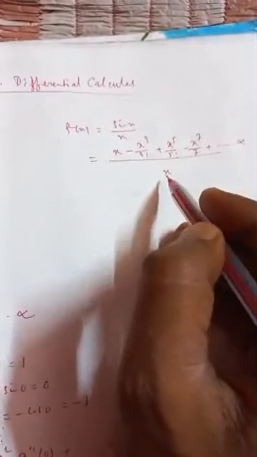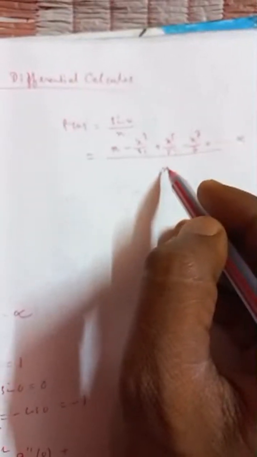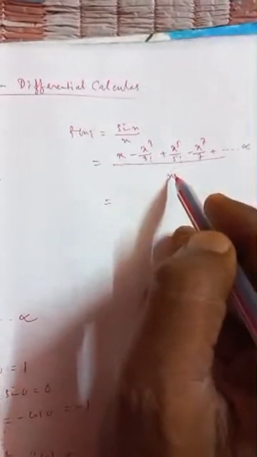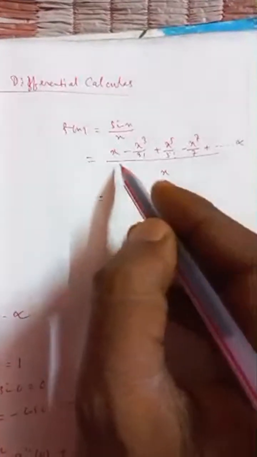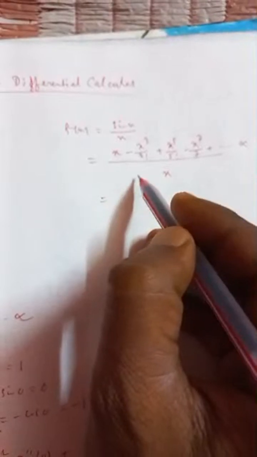So x is not equal to 0, since x is the denominator.